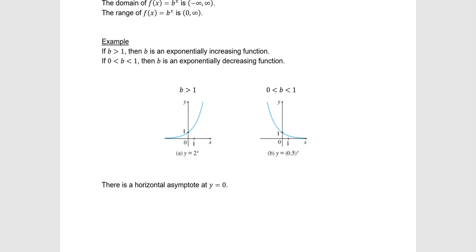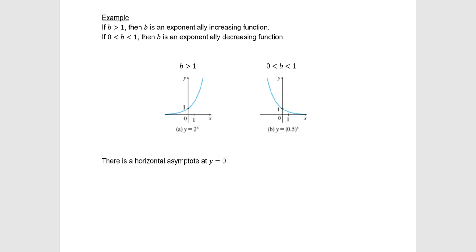And it always helps being able to imagine the graphs of all of these types of functions. So there's two types of graphs that you should think of. If the base is greater than 1, then it's an exponentially increasing function. So in this example, we have y equals 2 to the x. If you plug in x values, it's going to get larger and larger.